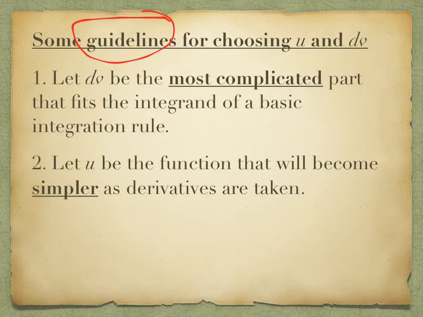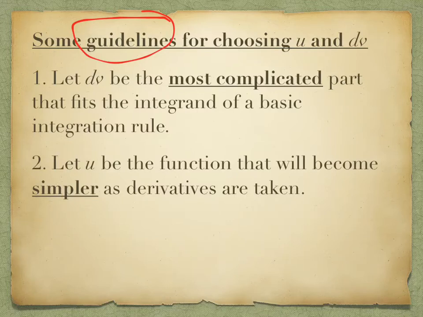That's often helpful. That eliminates dv from being some things. For instance, dv cannot be natural log of x, because you do not have a form on your sheet that tells you what the antiderivative of natural log of x is, right? So dv can't be that. It's just not possible for what we're working with.